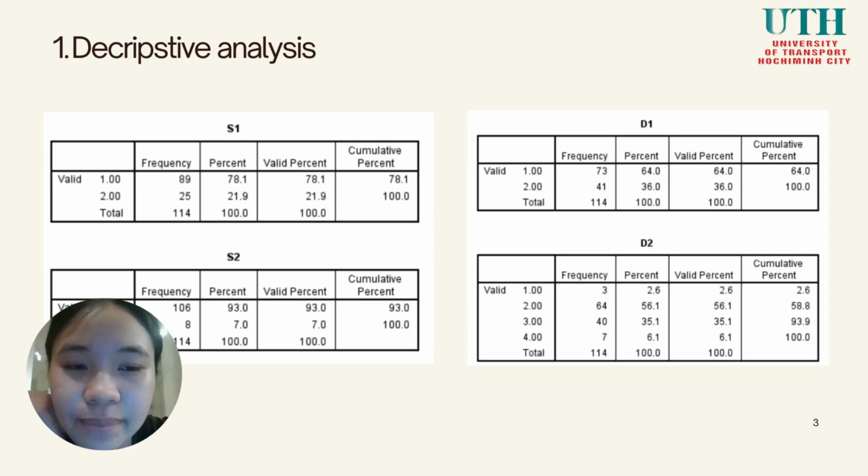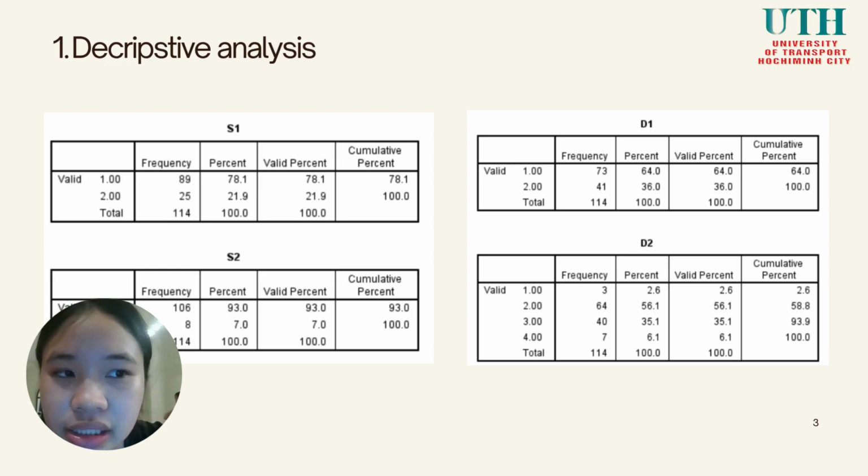Regarding the survey sample, the screening and demographic variables from S1, S2, and D1 to D4 indicate that the sample is concentrated.